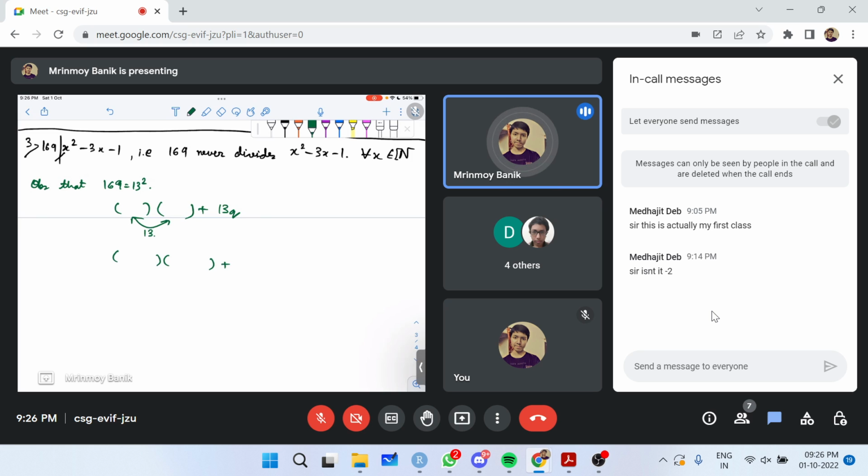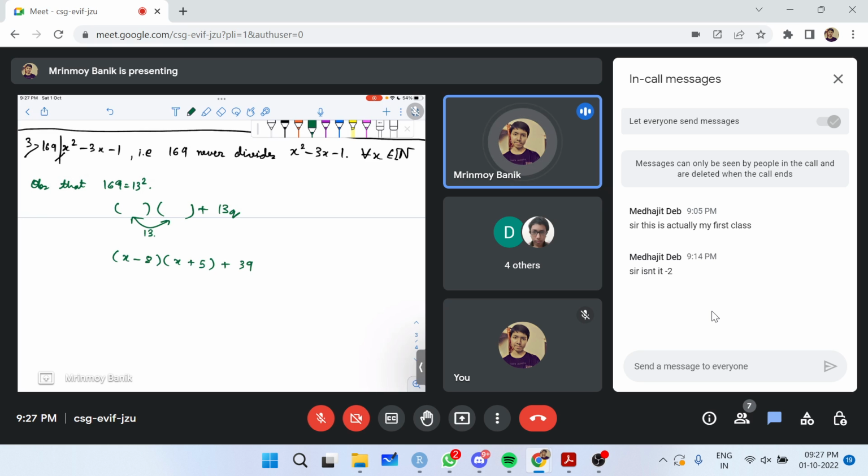So here in this case, we have the factor as 39. And the factors which are exactly 13 apart are x minus 8 and x plus 5.